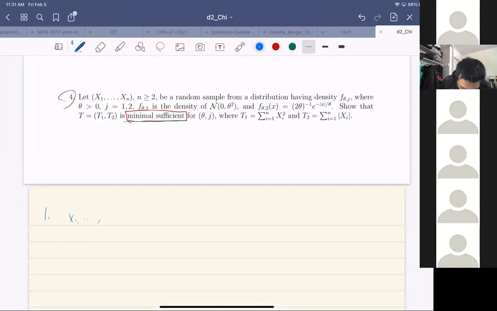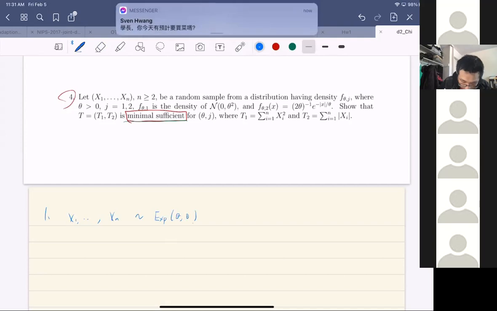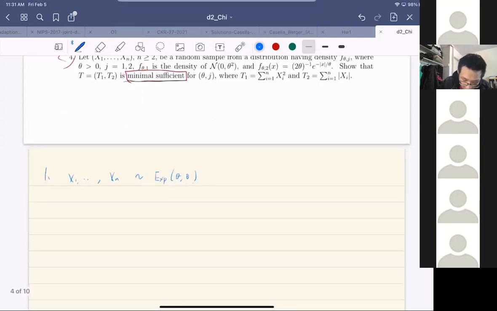S1 to Sn will follow exponential theta theta, and the product from i to n. We want to check if it is minimal sufficient.